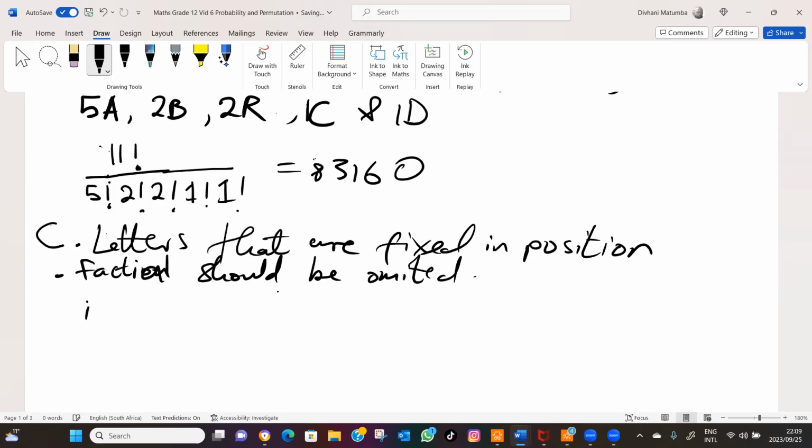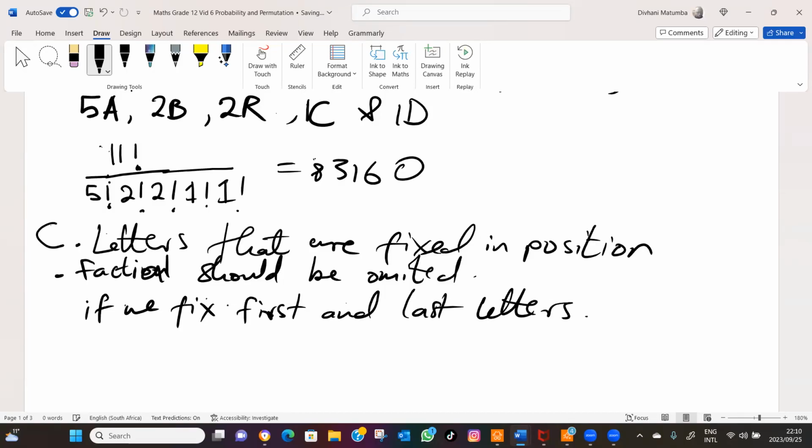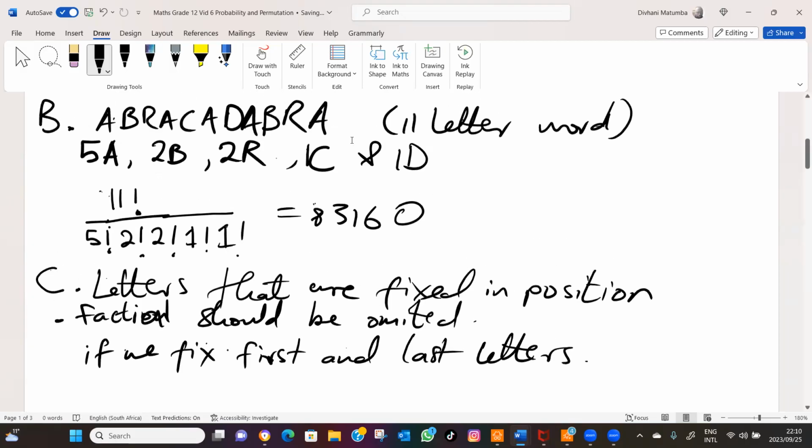Let's say, for instance, if you fix the first and the last letters, these are both A's.